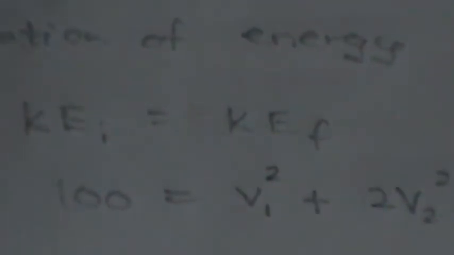Actually it's not a quadratic equation, it's just a square of V2. We can isolate V2 easily and find its value, and then substitute that value into equation 1 and find the value of V1.